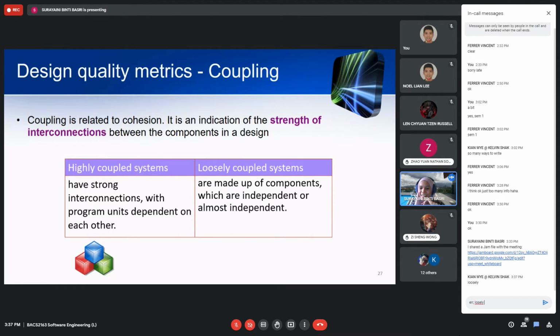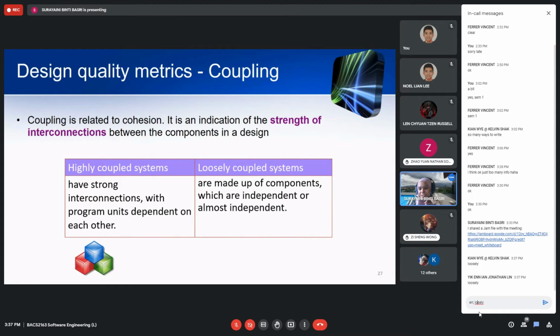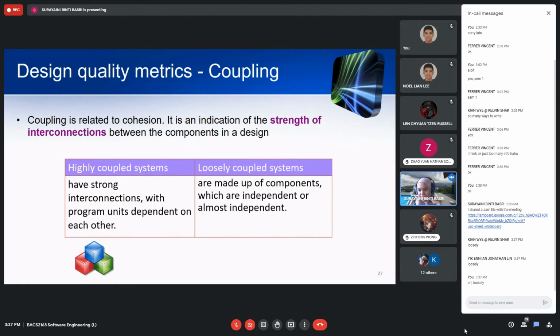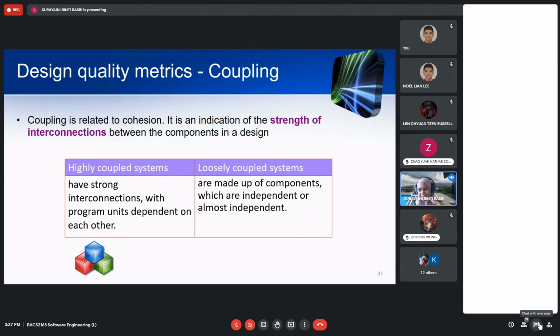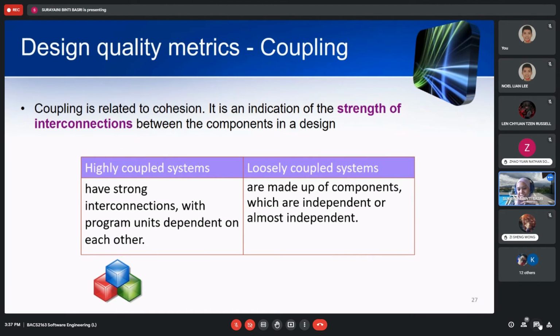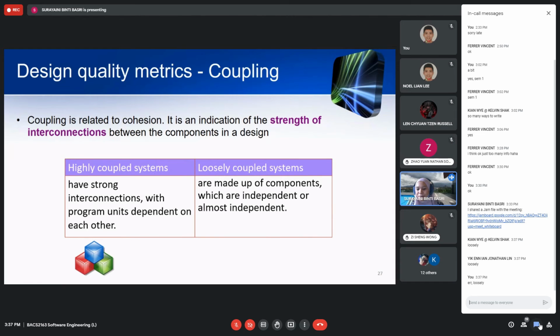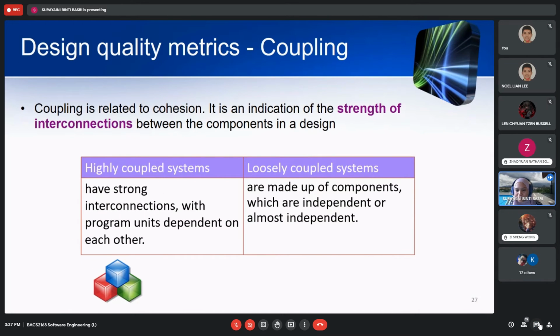Okay, Kelvin said loosely. Can I have answers from others? Loosely. Ian also said loosely. Noelle said yes, loose. How about Jeremiah?